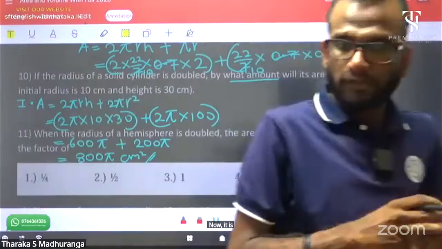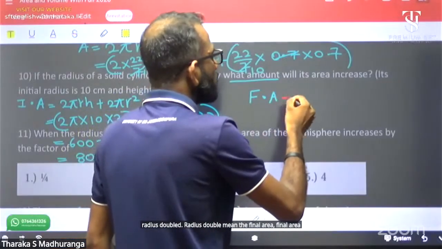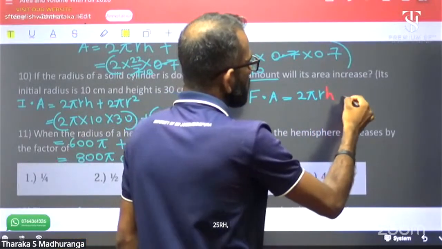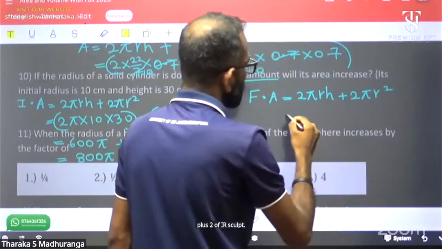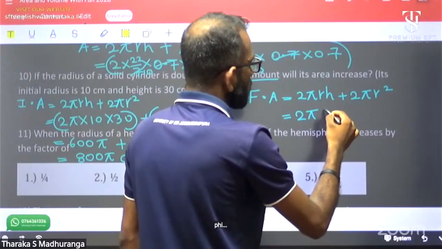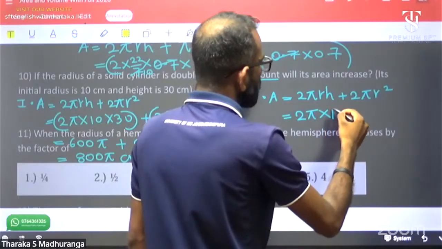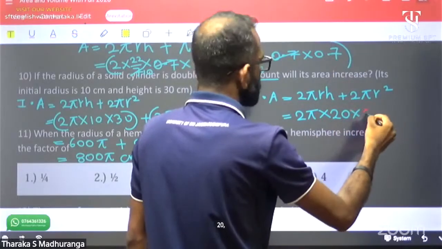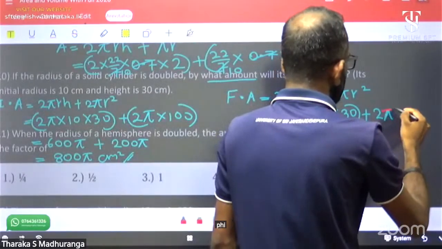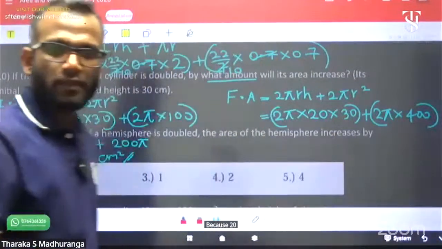Now it is radius doubled. Final area, radius double mean radius 20 centimeter. 2 pi r h plus 2 pi r squared. 2 pi radius, 10, now it is 20, h same 30, plus 2 pi radius squared mean 400 because 20 squared, right?